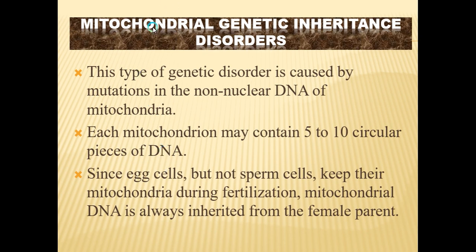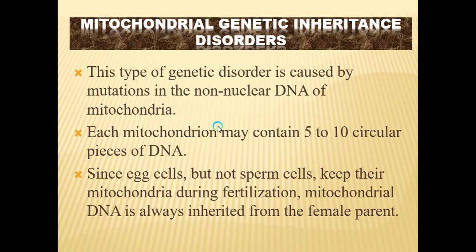Now is mitochondrial genetic inheritance disorder. This type of genetic disorder is caused by mutations in the non-nuclear DNA of mitochondria. If you remember the cell, DNA is present in the nucleus, but this is non-nuclear DNA, meaning DNA which is not inside the nucleus but is present in the mitochondria.